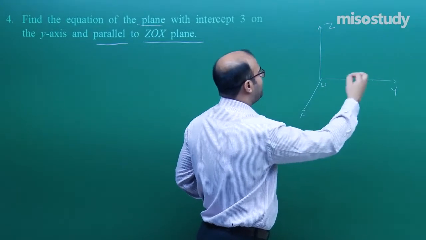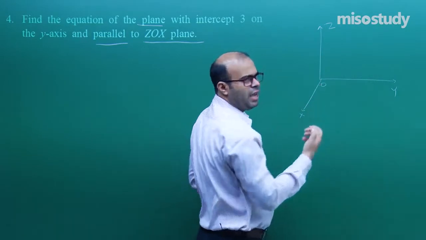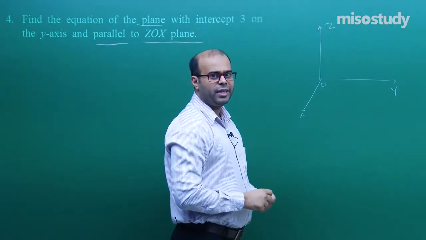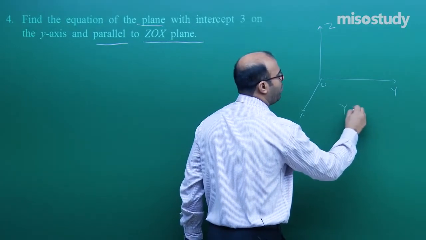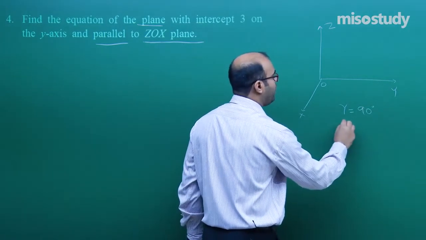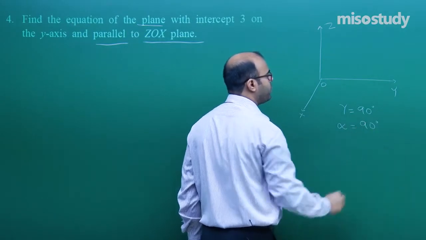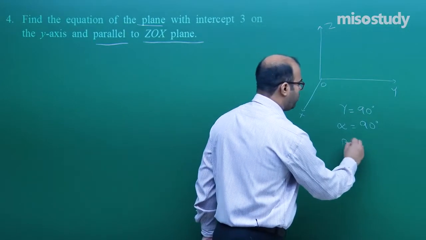So we can say that the normal is perpendicular to the z axis as well as the x axis. So the angle which the normal makes with the z axis is 90 degrees, which we call gamma as the direction angle, and alpha, the angle which it makes with the x axis, is also 90 degrees, and the angle which it makes with the y axis, that is beta, is equal to 0 degrees.